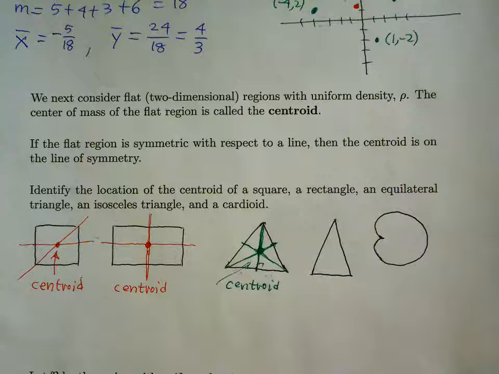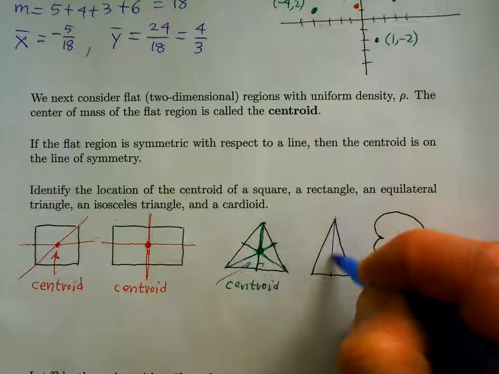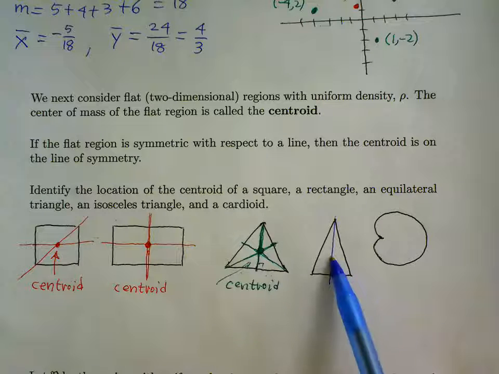Yeah, so there's just one line of symmetry. So the best we can say is that the centroid is on that line of symmetry somewhere, closer to the bottom base than it is to the opposite vertex.